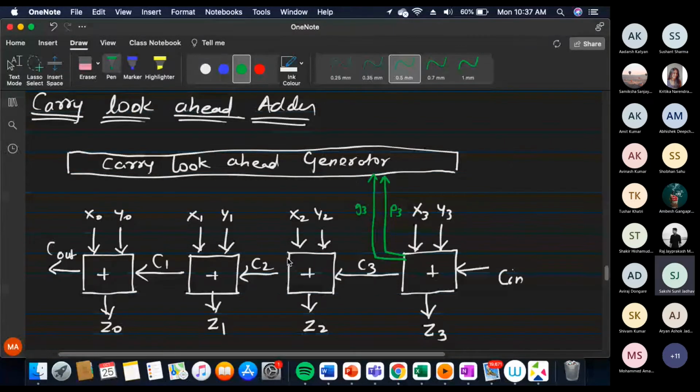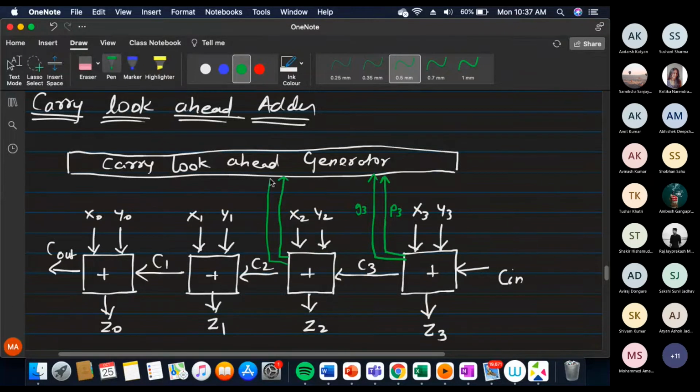Yes, sir. Similarly, the X2 and Y2 can be used in order to generate G2 and P2. Similarly, X1 and Y1 can be used to generate G1 and P1.